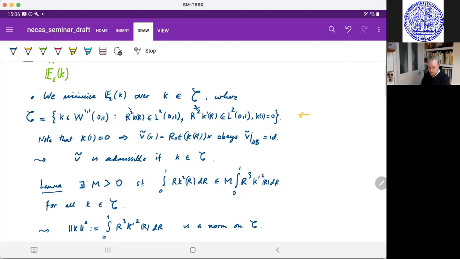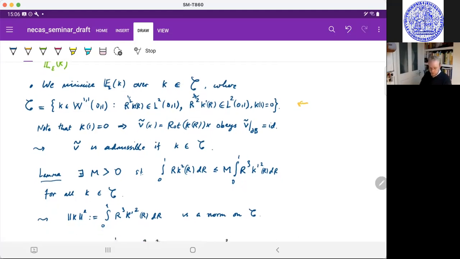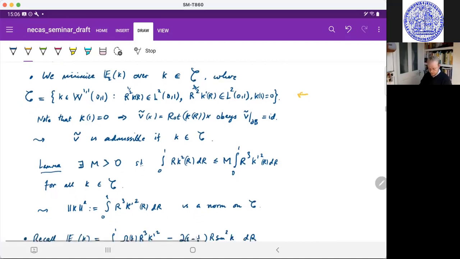It's in script A. I'm not going to give all the details of this part because it's fairly orthodox, but I will mention that there's a nice Poincare inequality which you can prove from first principles if you want to, and it says in short that you can control the r k squared term with the r cubed k prime squared term, and that in turn tells you that this object here, norm k squared, which I've just defined, is a norm on C. You need the boundary condition for that, but essentially that is a norm.